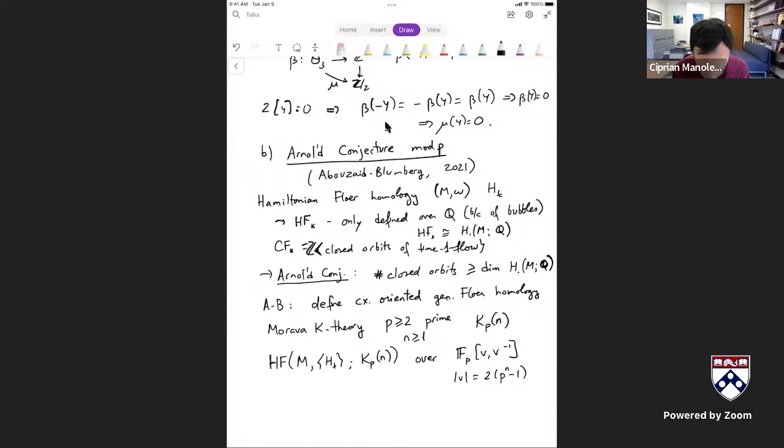And the thing about this is that there's an Atiyah-Hirzebruch spectral sequence. You can show that this is the same as the homology of M with F_p coefficients for very large n, because the degree of v is very large when n is very large.